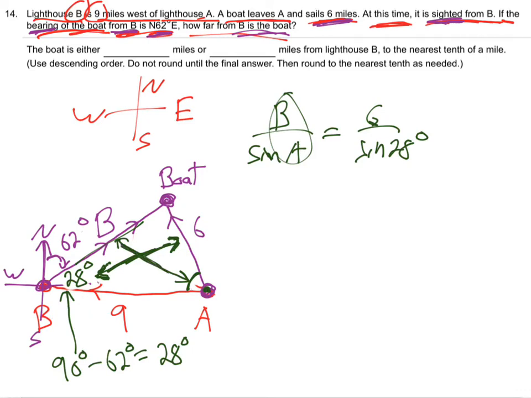I can't use B right now because I don't know B and I don't know the angle across from B, the angle A. I don't know either one of those. So even though I'm trying to get B, I can't go directly after B right now because I have two unknowns. That's not going to work.